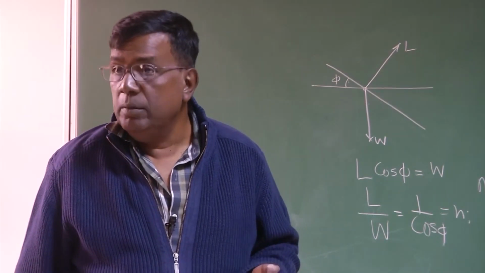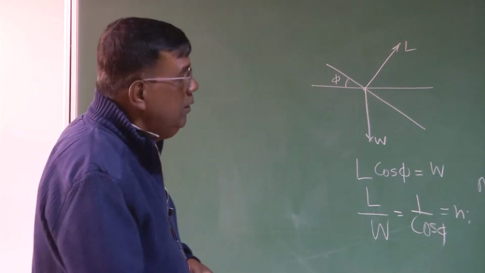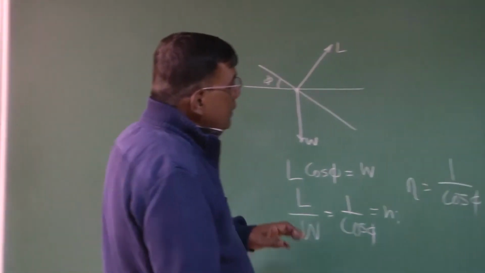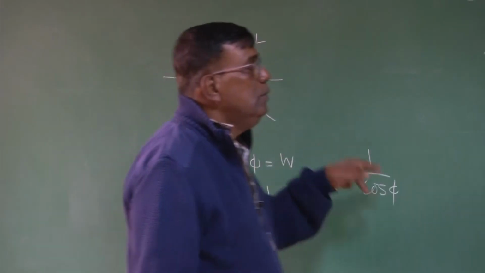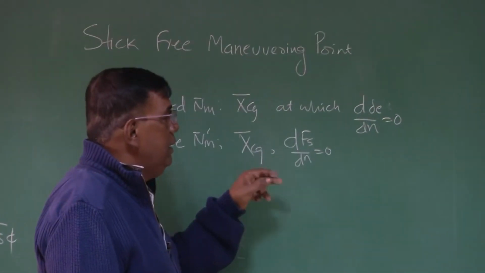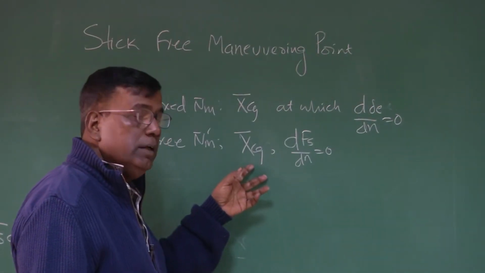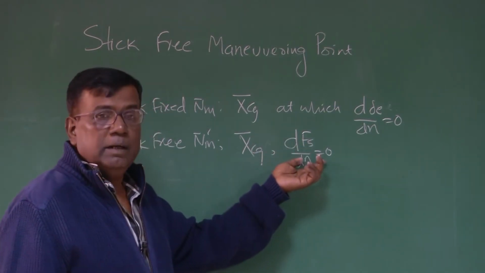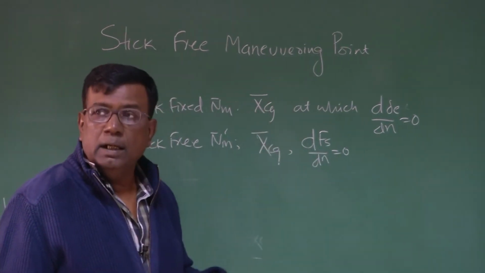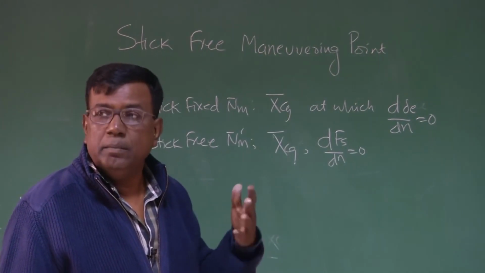It's a very large number, right? Don't underestimate a load factor of 2. So this is to tell you how we generate this n, because we have to find a condition from which I can extrapolate to get the CG location for which dFs by dn becomes 0. Then it will be the stick-free maneuvering point, right?